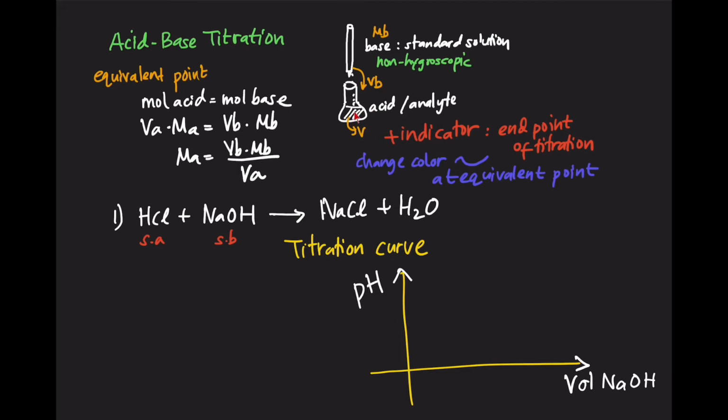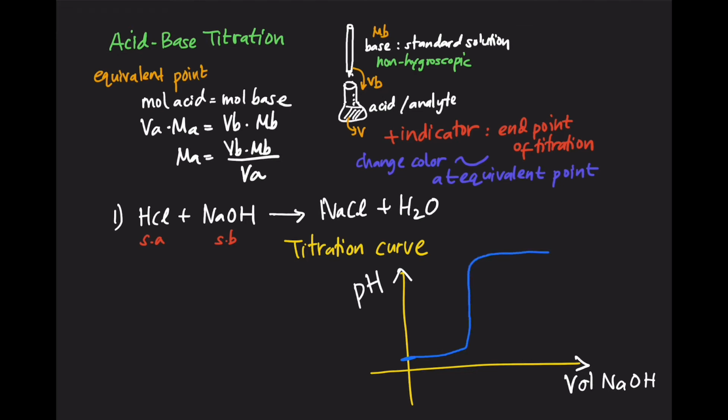If we have acid in our beaker, then in the beginning we will start at low pH. Vice versa, if we have base in the beaker, then we will start with a higher pH. Then we add NaOH, so the pH gets higher and higher, and at some point it is going to jump, and then it will look something like that.